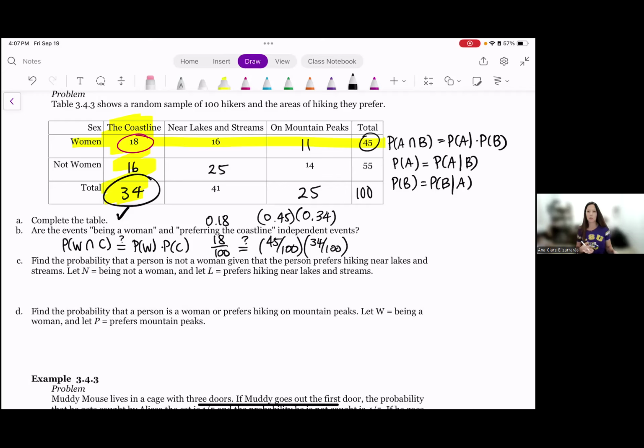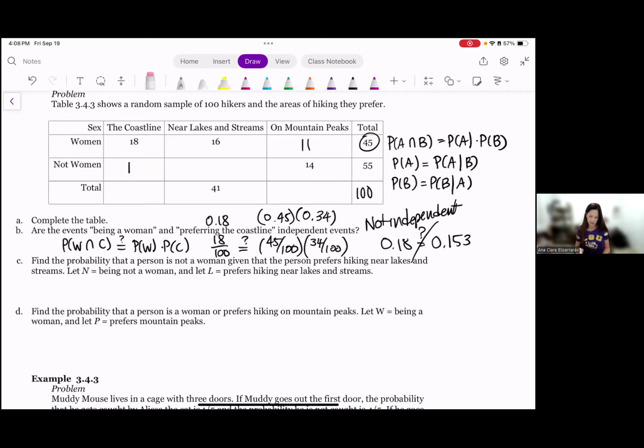So I need to multiply, and it's easier for me to multiply the decimal equivalents, which gives me 0.153 or 153 thousandths. Is that equal to 18 hundredths? No, it is not. And because they are not equal, they are not independent. If you want to check it another way, that's totally fine. You can use either of the two conditional probabilities.